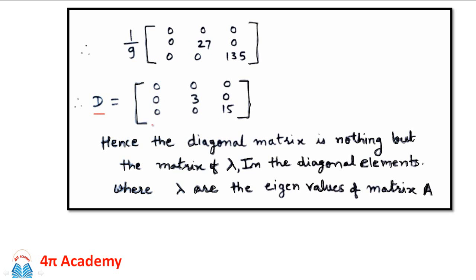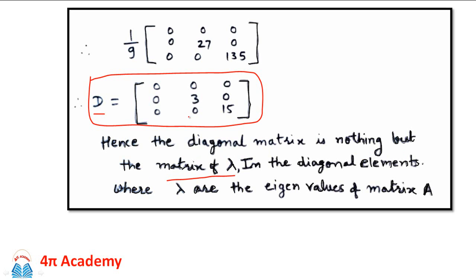If you look at this diagonal matrix, what you observe is that the elements of the diagonal matrix are nothing but the eigenvalues. So this is the diagonal matrix of the eigenvalues, in which the diagonal elements are the eigenvalues of the matrix.